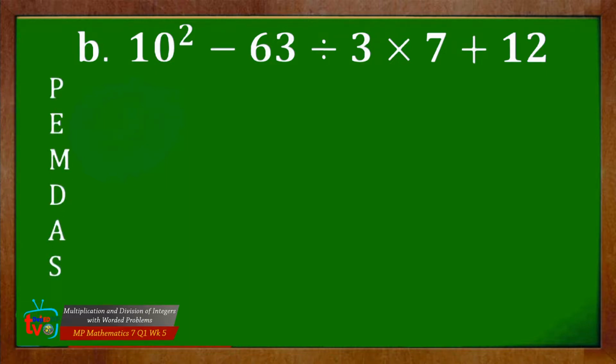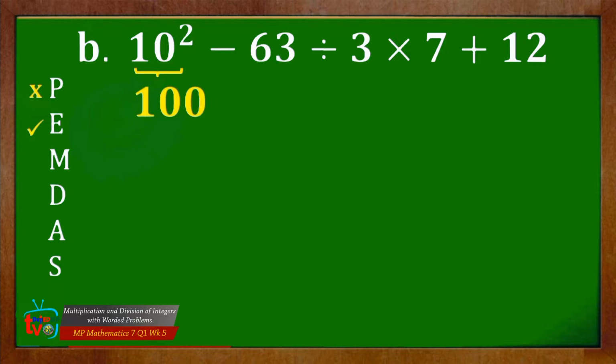Do we have parentheses? We do not have. How about numbers with exponent? Yes, we have, and that is 10 squared. 10 squared is 100. We will multiply 10 two times. So, 10 times 10.